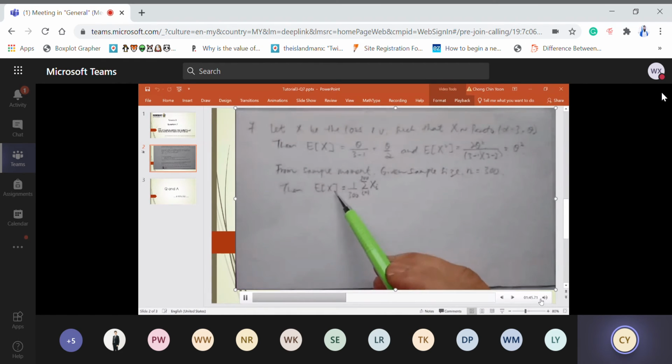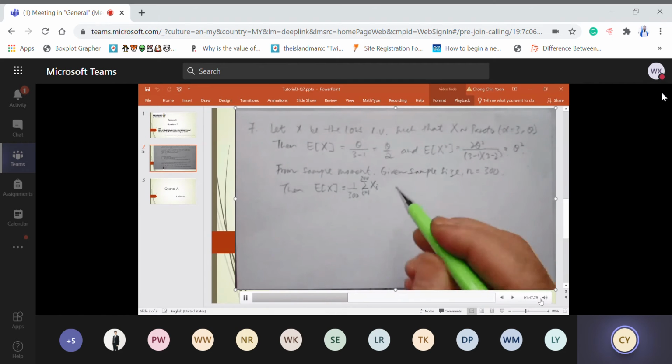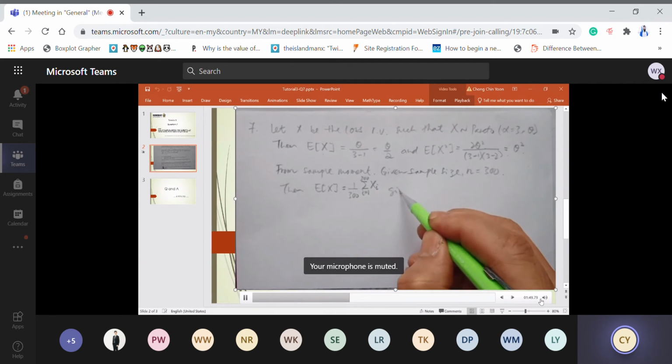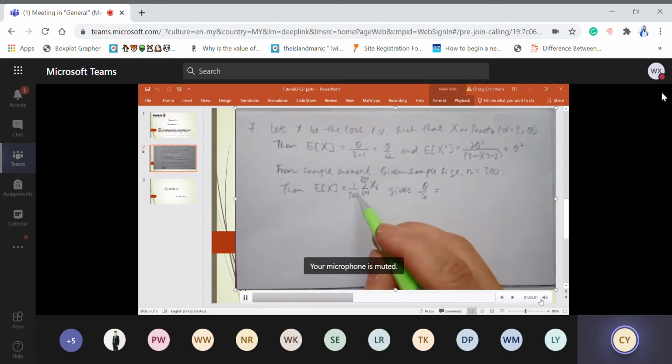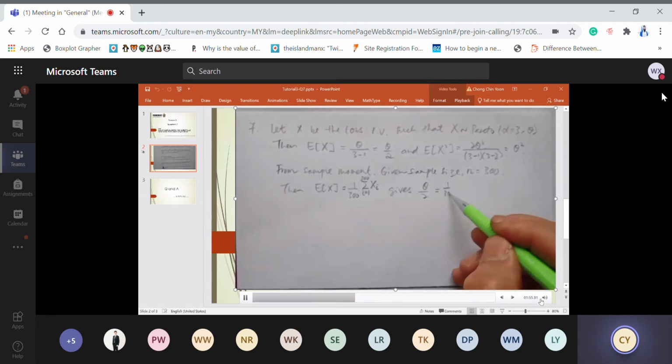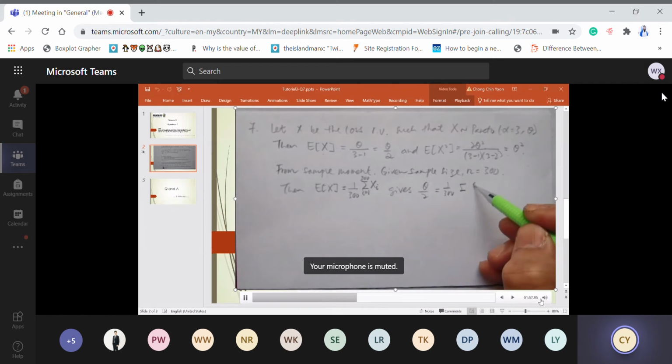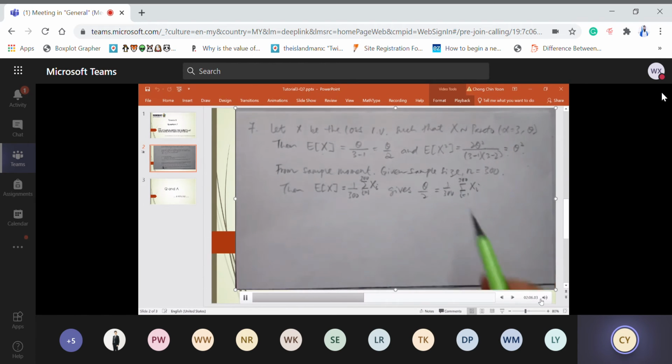Now since this is equal to this result, this will give theta over 2, which is equal to this, that's the summation of xi from 1 to 300 divided by 300.